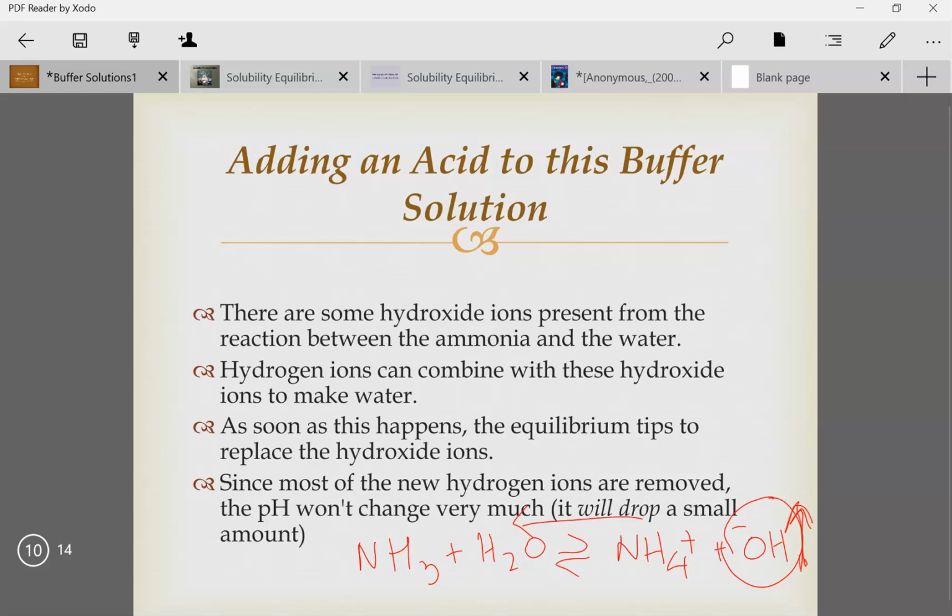I'm adding OH minus, so I'm trying to make it more basic, but the reaction shifts so that it becomes more acidic, or I should say less basic, because there's no H3O plus. More acidic is the same thing as less basic, right? And so they will cancel out, and then you won't have any substantial pH change finally.